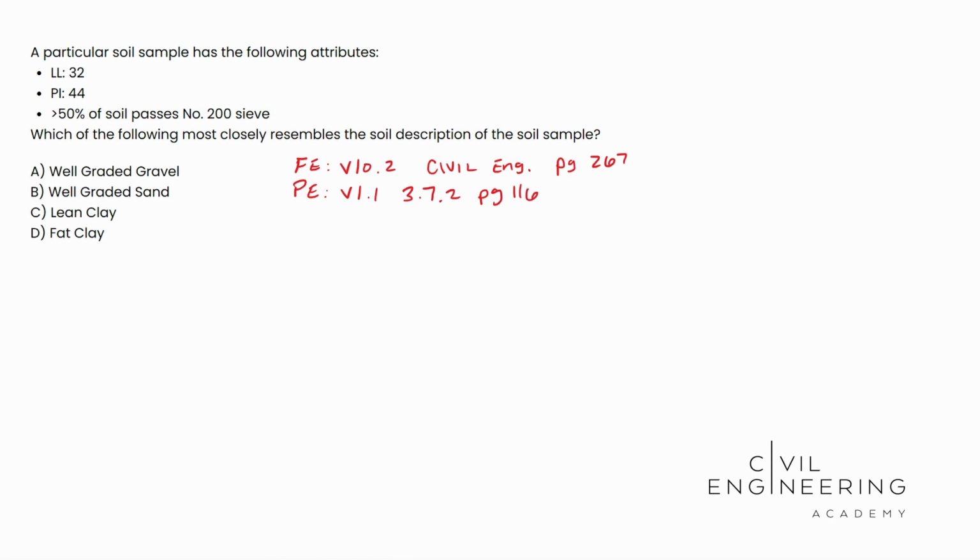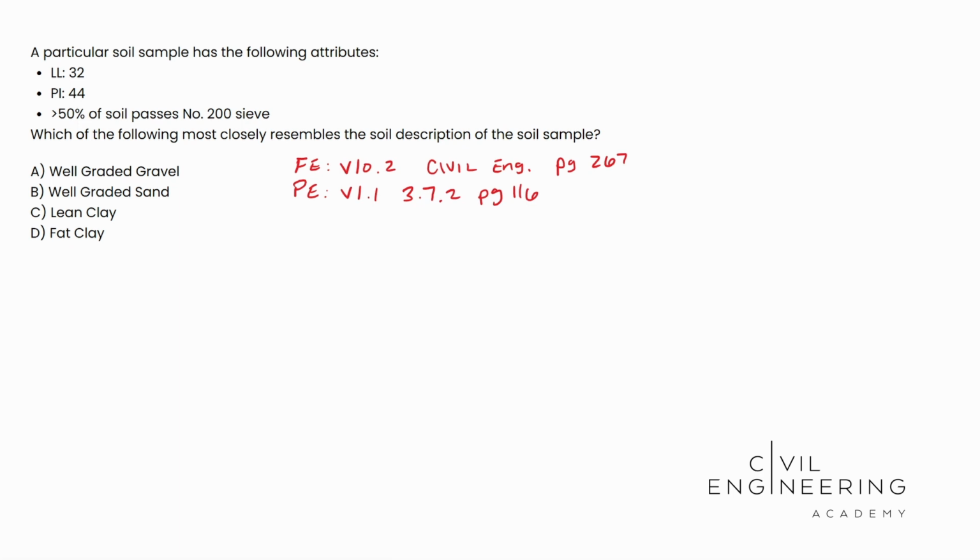And so that's the next classification there, fine grain soil, silts and clays. That's what we're going to be dealing with. And so you can ignore the other half of the USCS classification chart, right? The coarse grain soils don't apply to us. We're dealing with some fine stuff, silts and clays in particular.